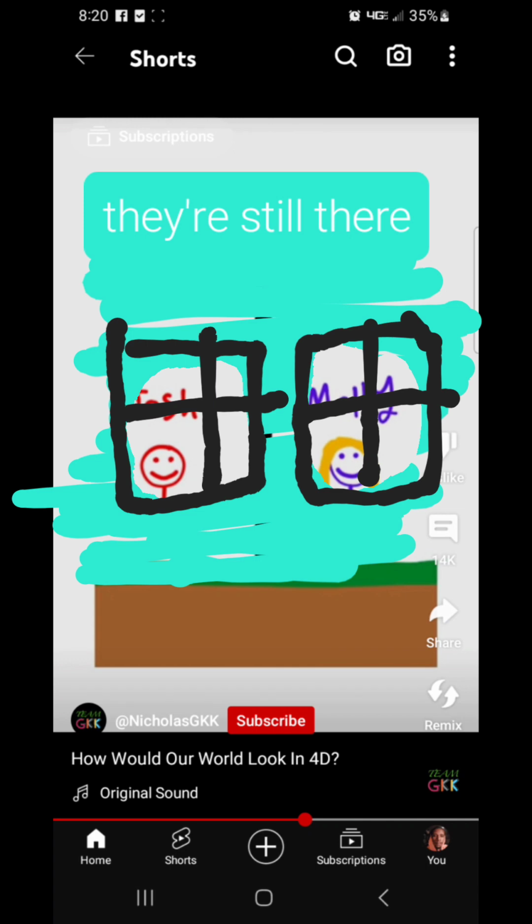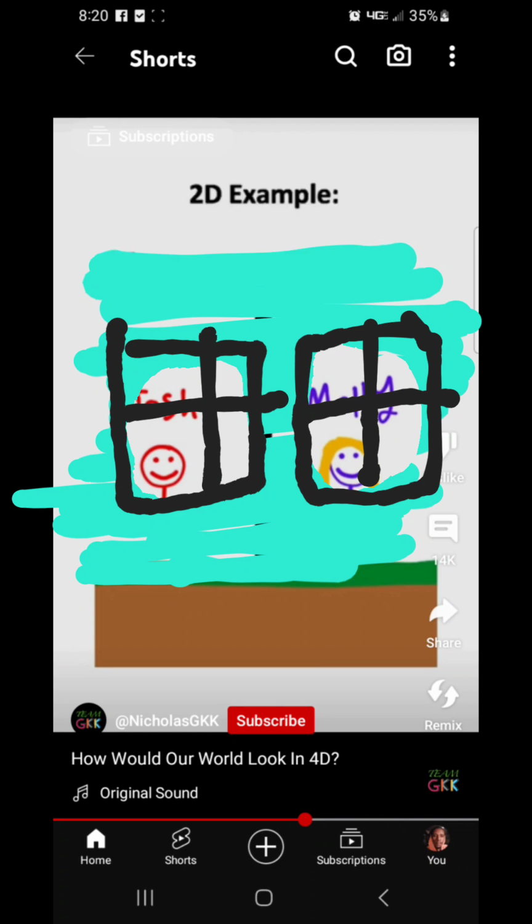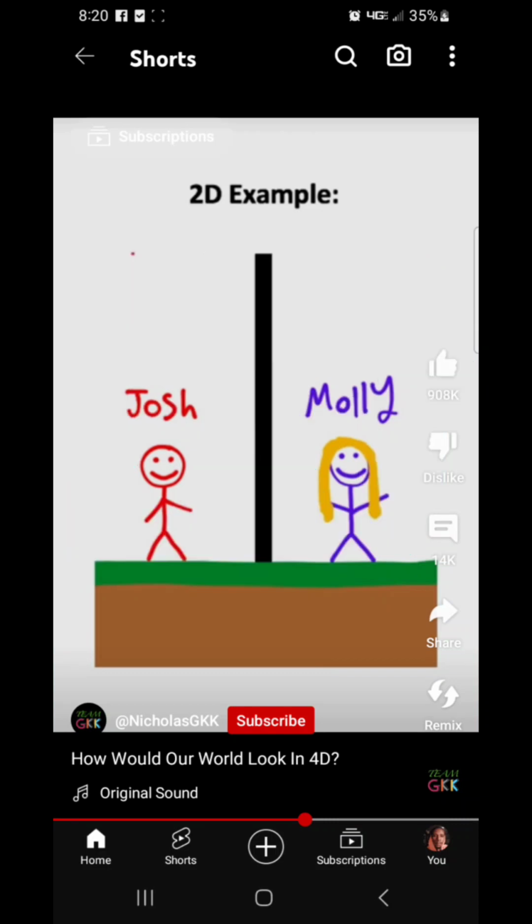But actually, it's not a bad correlation, because just like the person can see me outside of the window still, Josh and Molly, in theory, can still see you and me because they're looking directly at us, if we're taking that approach. So what I like to throw out there is that we actually have full dimensional view outside of the 180-degree space.